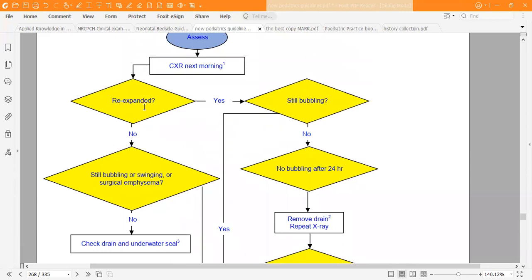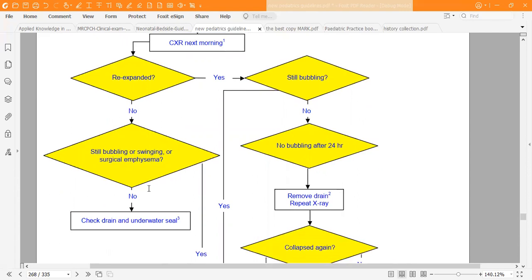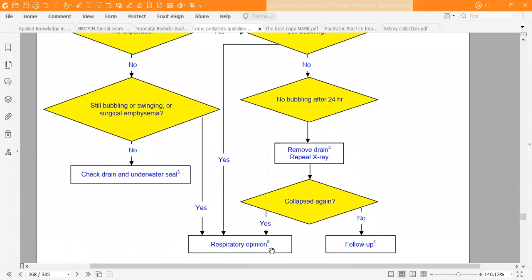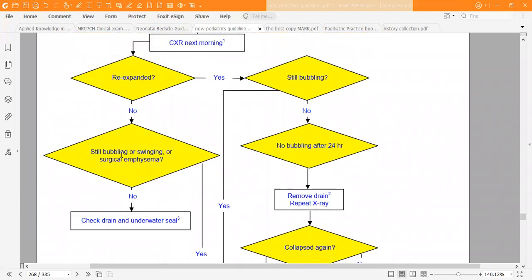If you don't have re-expansion yet, with still bubbling or swinging or surgical emphysema, yes, you will seek a respiratory opinion. If no, there is no bubbling or swinging or surgical emphysema, check the drain and underwater seal.